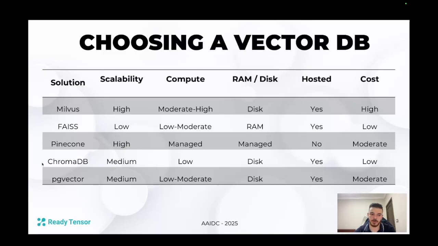ChromaDB is really good. It was one of the options that we were going to pick, like we were comparing these two, ChromaDB and PgVector. And the only reason we picked PgVector over ChromaDB is that PgVector is a SQL database, like it's Postgres, but with an extension that allows it to store vectors. So you're basically working with SQL. Most developers are already familiar with how to query SQL databases.